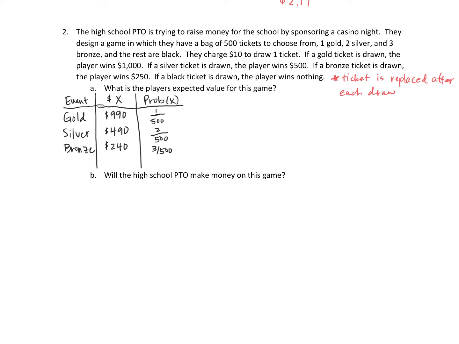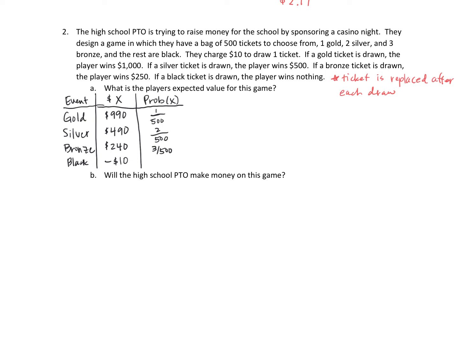And then last, there are a bunch of black tickets, right? If you get a black ticket, you win nothing. So it's a negative $10 because you paid $10 to play and then you don't win anything. So far we've used 1 gold, 2 silver, and 3 bronze, which adds up to 6.